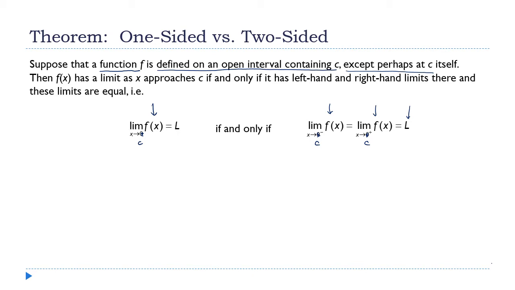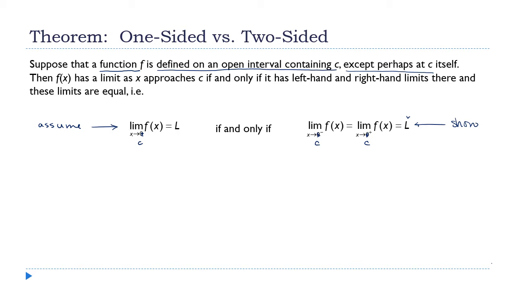Now remember, when we have an if and only if type theorem, we actually have to prove two things. First, I'm going to assume that this is true and show that this is true. All right.